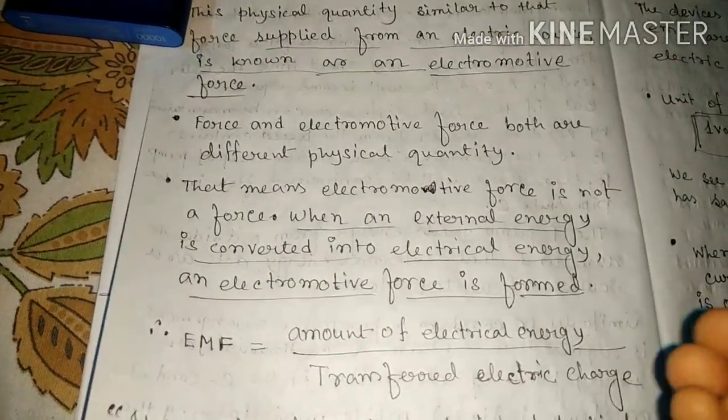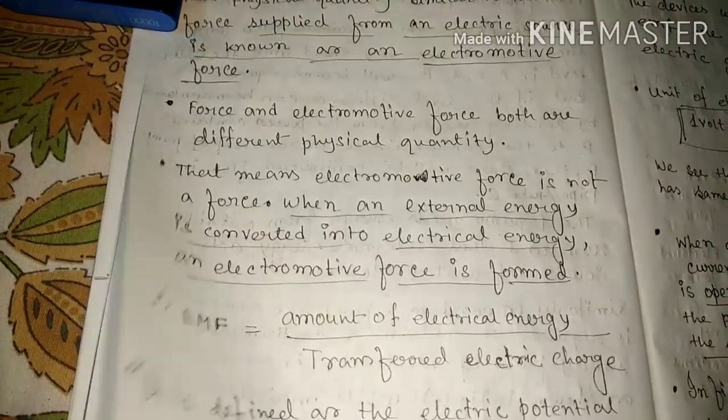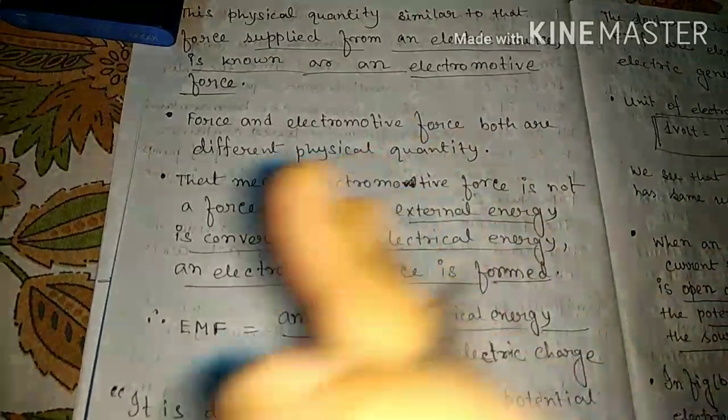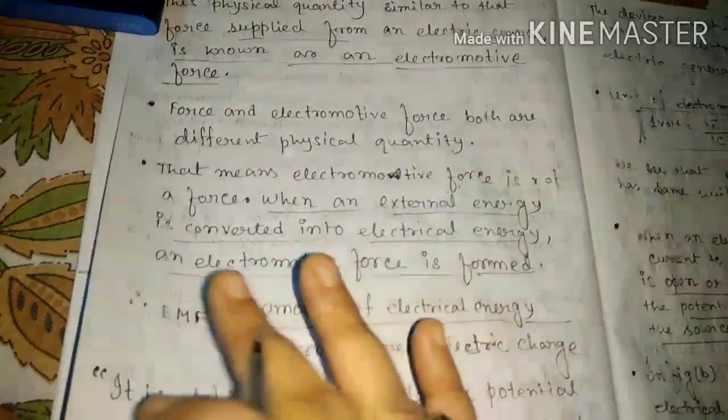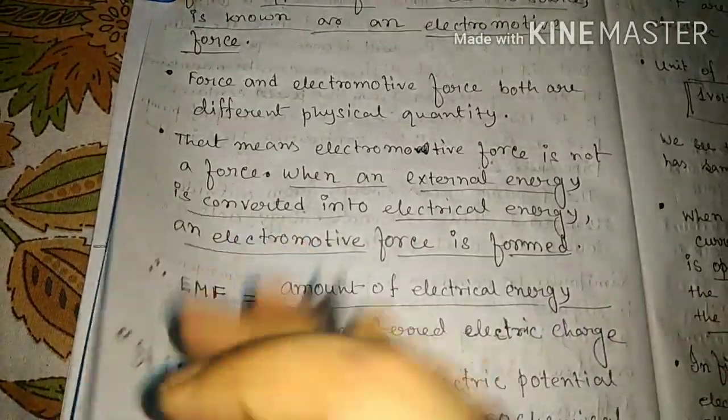It is known as electromotive force. Whatever external energy we need to operate the system is converted into electrical energy, and only then is electromotive force formed.